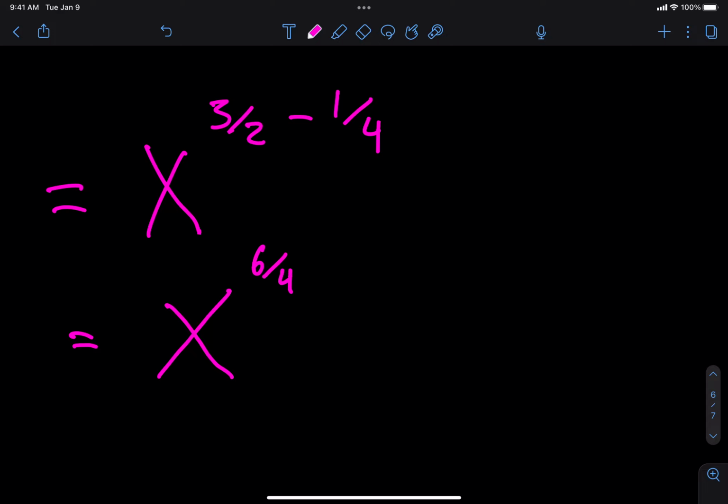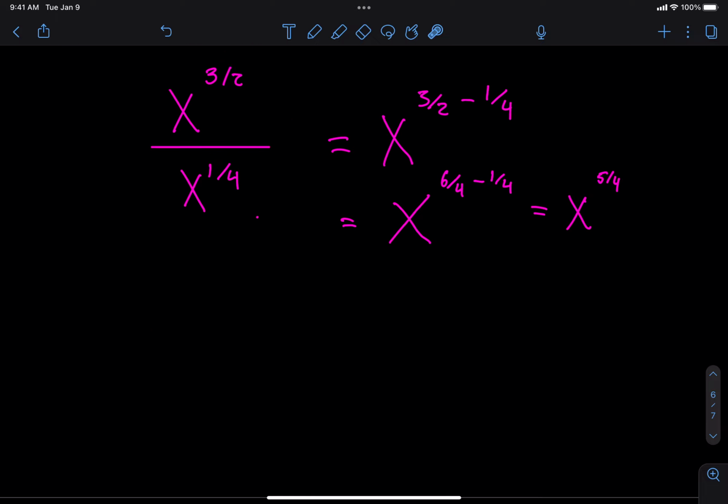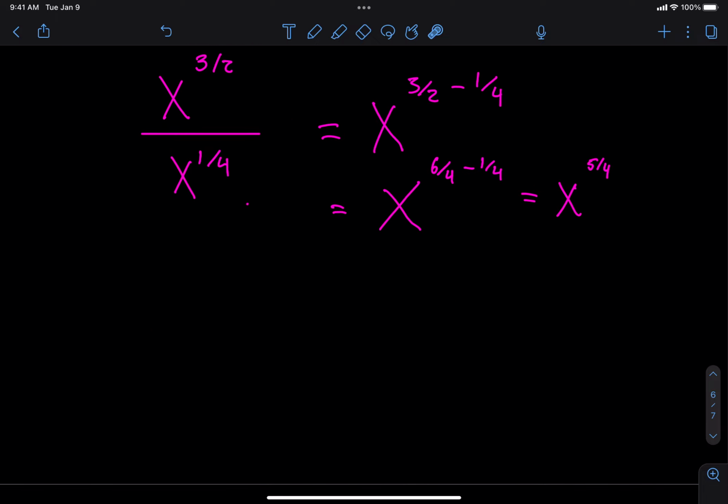Very good. I multiply the top and bottom by 2. Minus 1/4, which is what? X to the 5/4. Okay, if I have a common denominator, you just subtract the numerators from one another. Okay, so that's how I would simplify something like that.